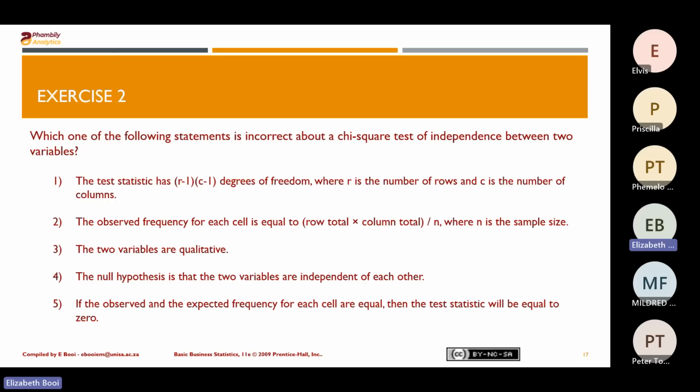Number 1, the test statistic has number of rows minus 1 times number of columns minus 1 degrees of freedom, where R is the number of rows and C is the number of columns. Is that statement correct or incorrect? It is correct because R is number of rows, C is number of columns.